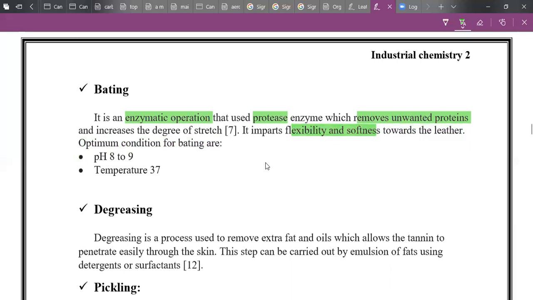The optimum conditions for bating are pH 8 to 9 and temperature 37 degrees. As we know that protease enzymes are also present in our human body, and the human body temperature is approximately equal to 37 degrees. So by this way, the enzyme works best at 37 degrees and pH 8 to 9.